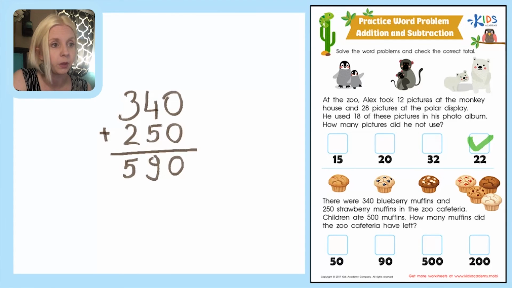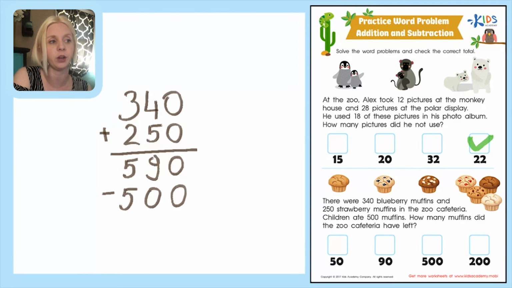But then it says children ate 500 muffins. So if they ate them, do we add on or do we take away? We take away. When they eat them, it's going to be a subtraction problem. So we need to subtract 500 from the total number of muffins. It says the children ate 500. Okay, so let's set that up. 0 minus 0 is 0. 9 minus 0 is 9.